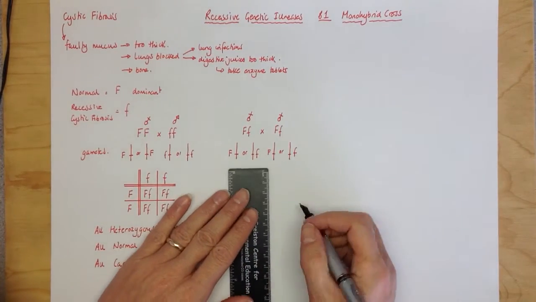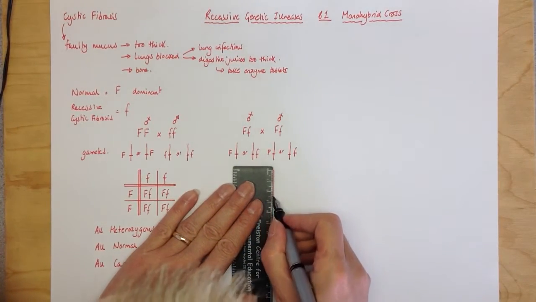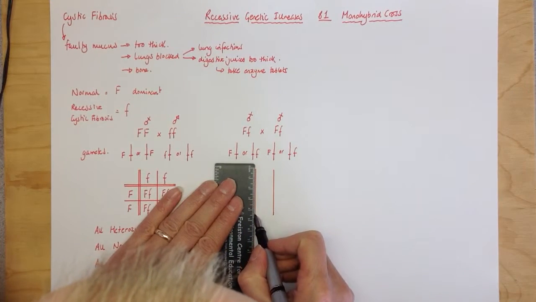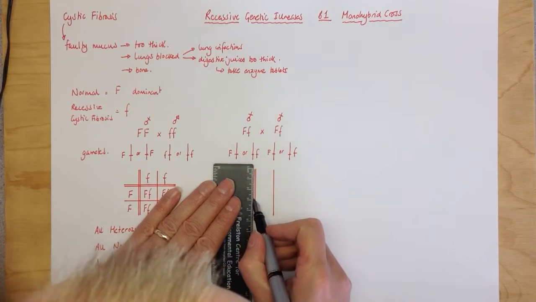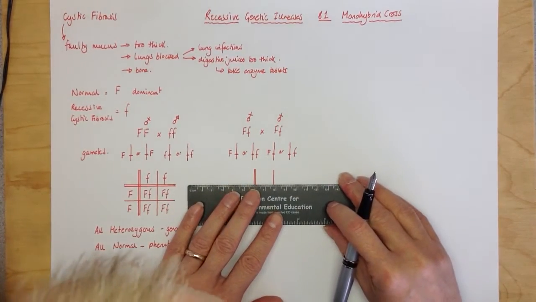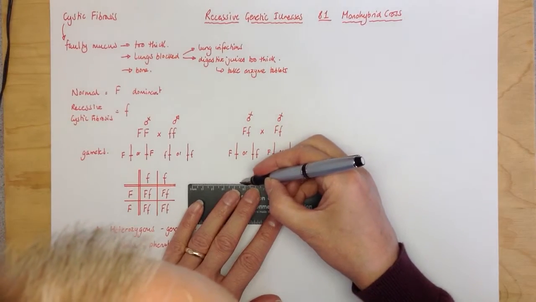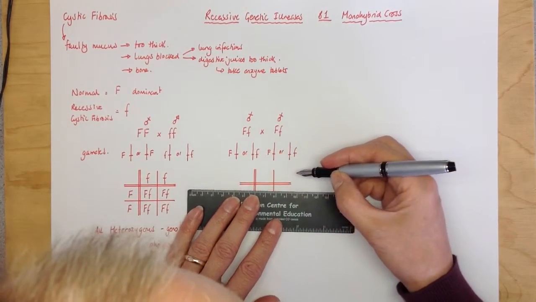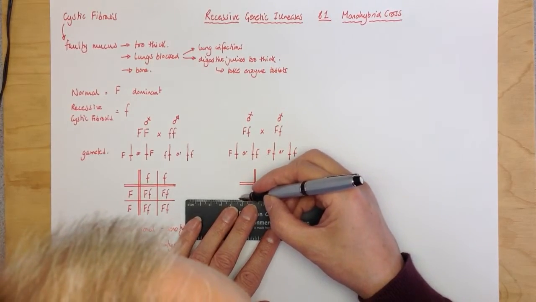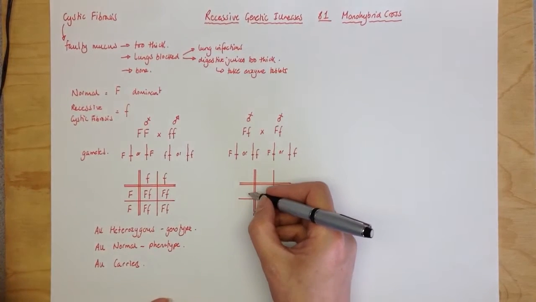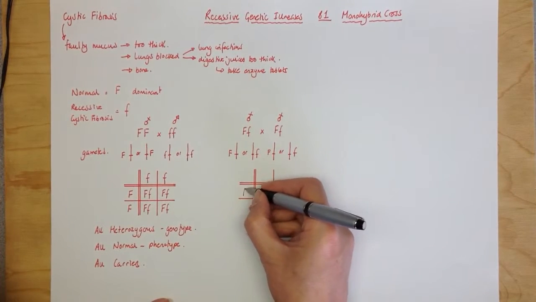So if we do our Punnett square, nice and neatly, mum's alleles in for her eggs.